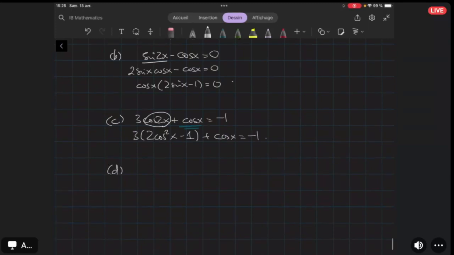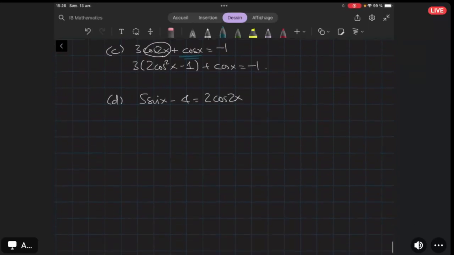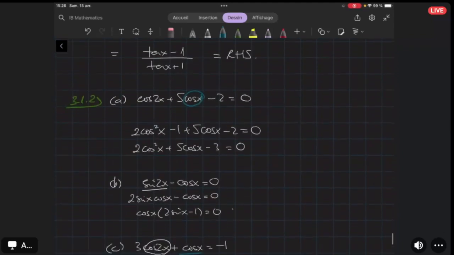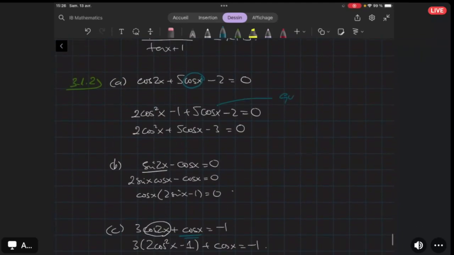D. 5 sine x minus 4 equals 2 cos of 2x. This time using the sine one. Correct, because you want to get a quadratic in terms of sine. This one gives you the quadratic in terms of cos.